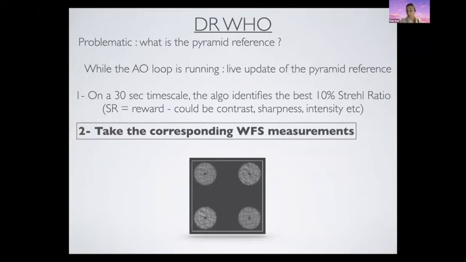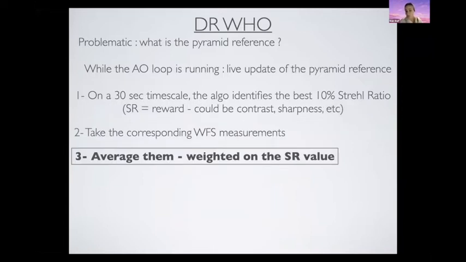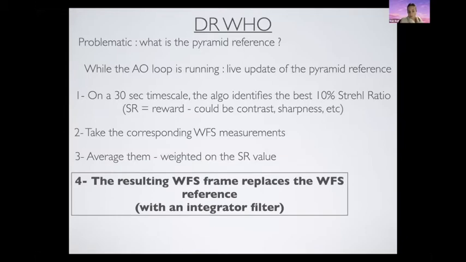Then you average the wavefront sensor measurements corresponding to the 10%, and you weight them by the Drwho ratio value or whatever your reward is, so that you give better weight to the better images. That gives you an average one.